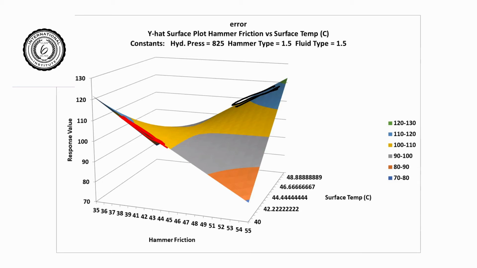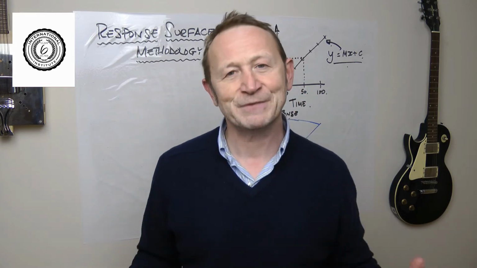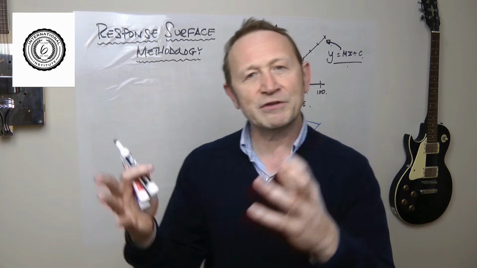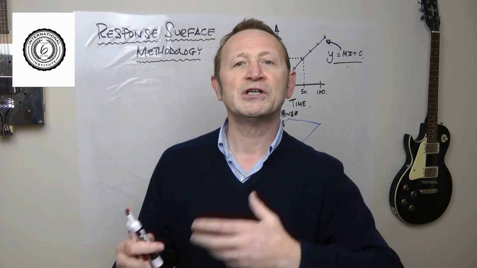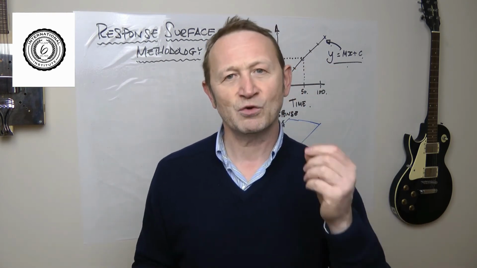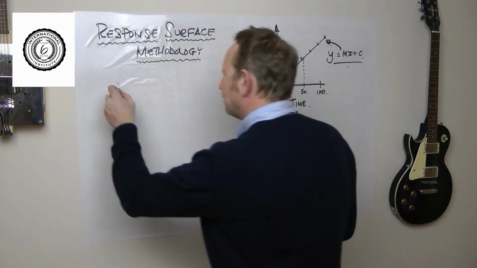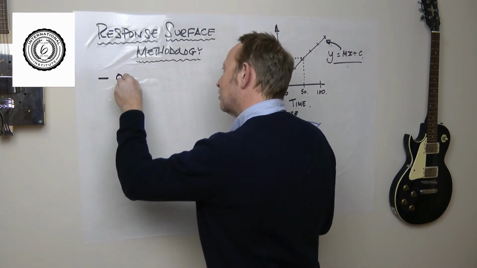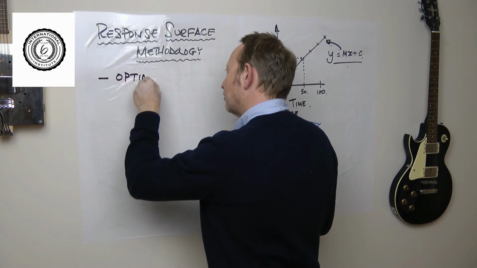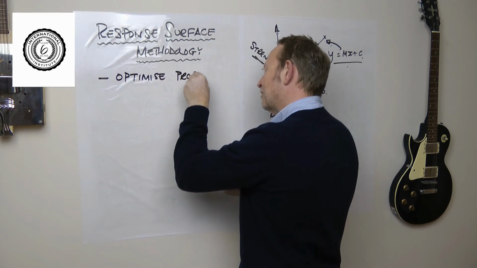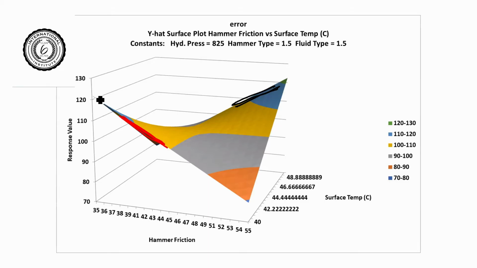So that three-dimensional thing that you're looking at there is known as a surface plot. These pictures were drawn to be able to understand where the top of the curve was. So why did Box do this? Number one, he wanted to understand how to optimize the process model.